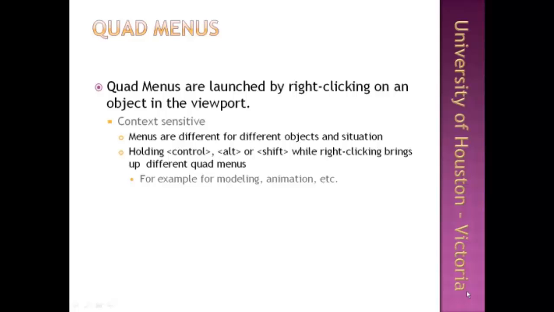You can customize these quad menus and their shortcuts, and some of these customizations are pre-made. For example, if you hold down Shift, Control, or Alt while right-clicking on the object, different quad menus will show up, for example for modeling or animation and things of that nature. Let me show you how this works real quick.